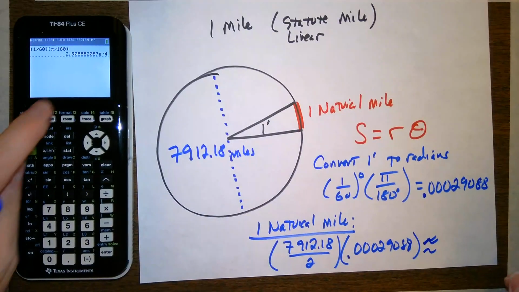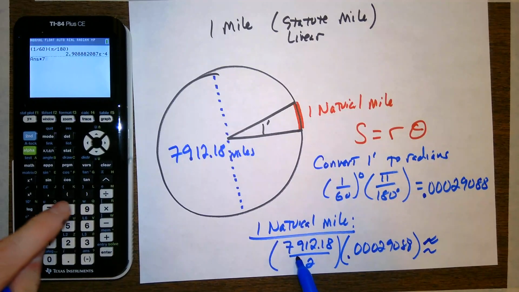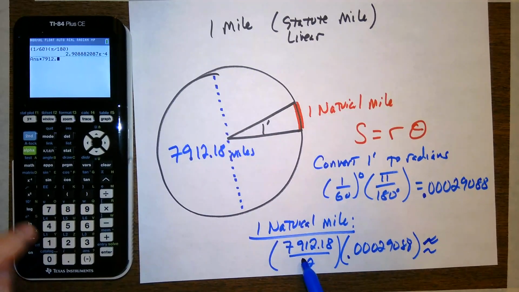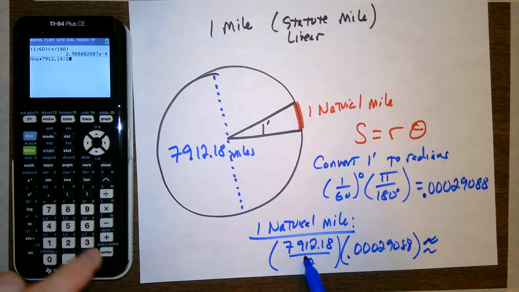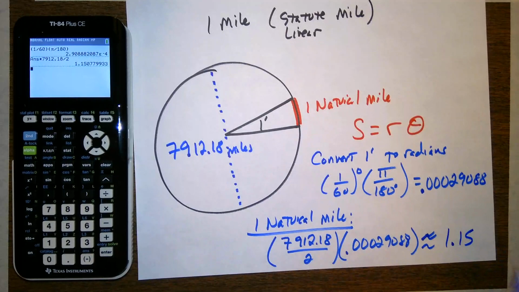I'm going to multiply that times 7,912.18 miles divided by 2, because that's the diameter, and I get approximately 1.15.